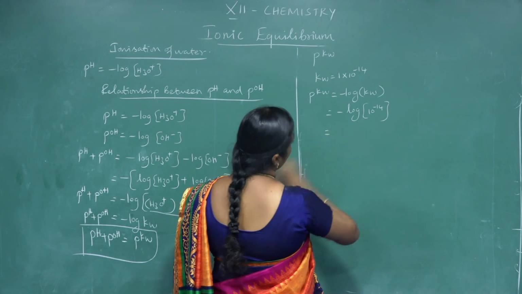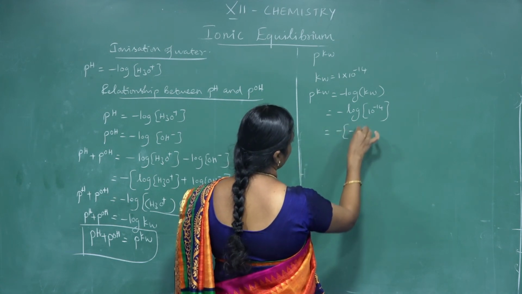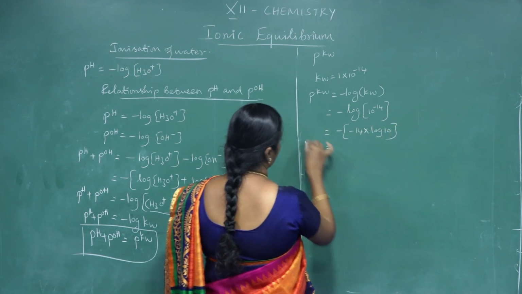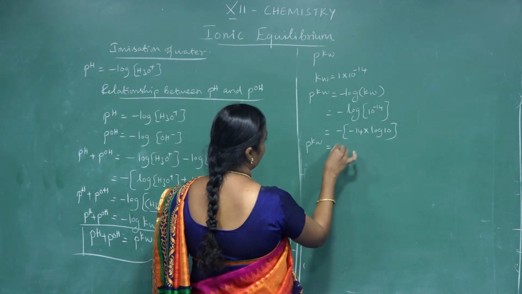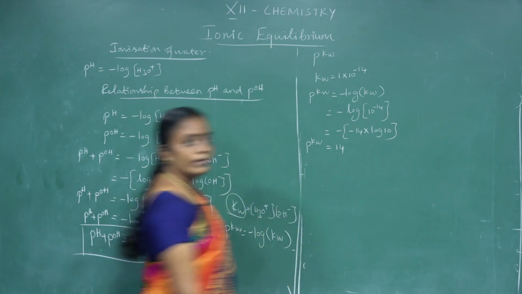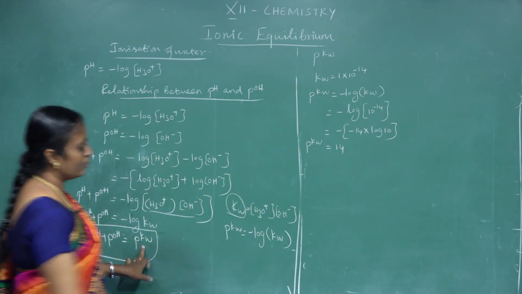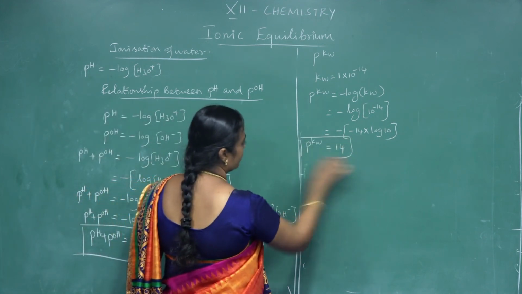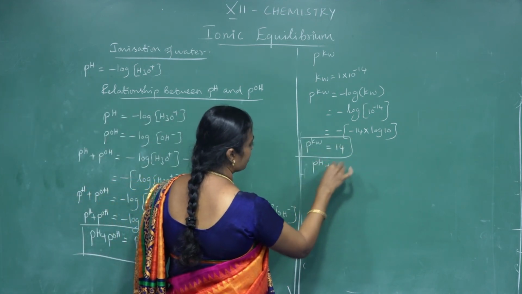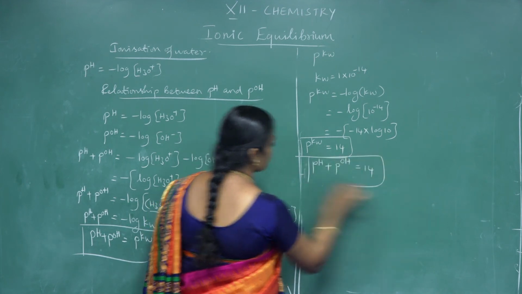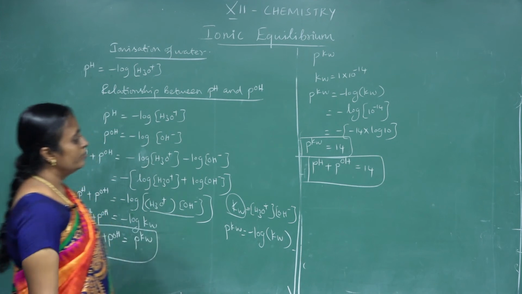So you will get minus of minus 14 into log 10. Log 10 is 1. So we get pKw equal to 14. So pH plus pOH equal to pKw, and pKw equal to 14. From this, pH plus pOH will be 14. This is the relation between pH and pOH.